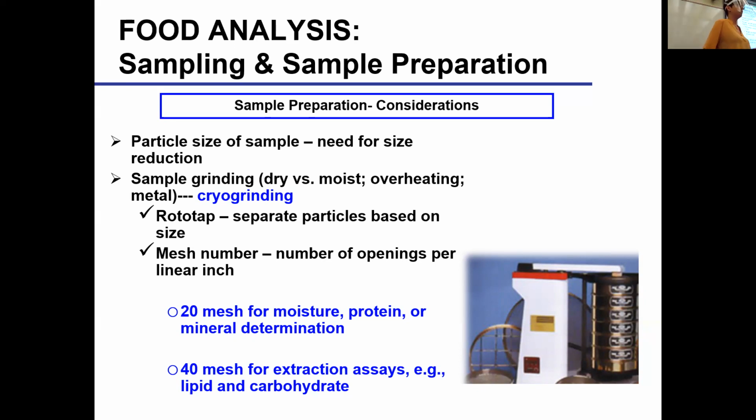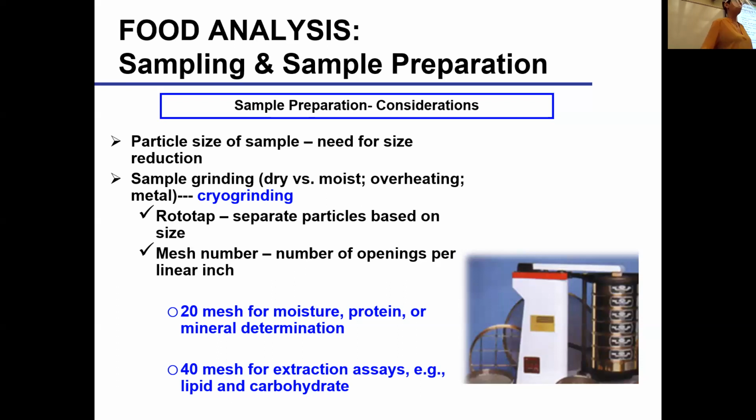So remember when you're doing your capstone, if you have a non-homogeneous sample or a big chunk of sample, it has to be ground into a 20 mesh or a 40 mesh, depending on your assay. Do you remember what a mesh size is, what a 20 mesh means?